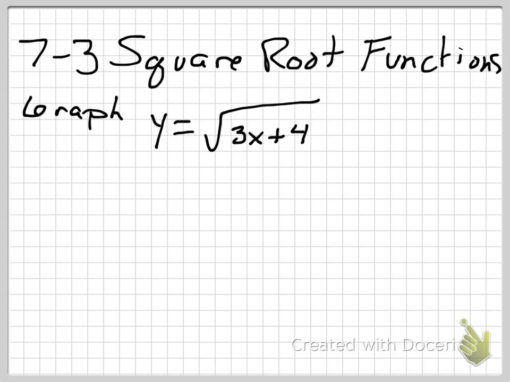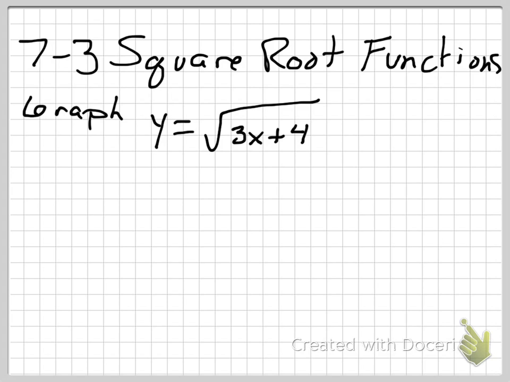So we have to find the smallest number. What is the smallest number that you can take the square root of? What's the smallest number that you could put under a square root and get a number that's not imaginary? 0.